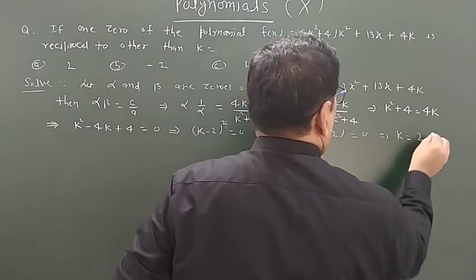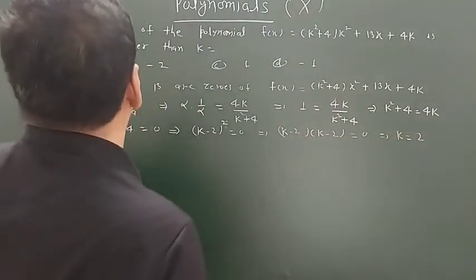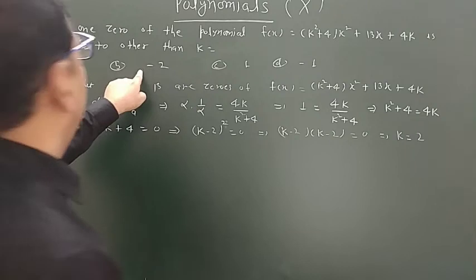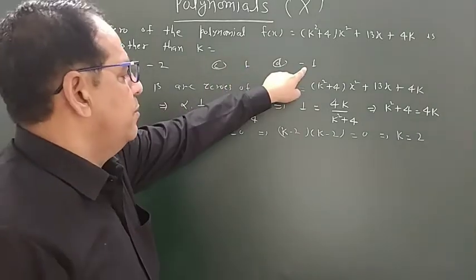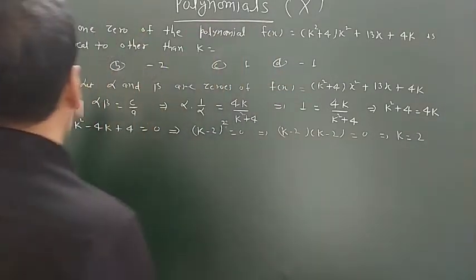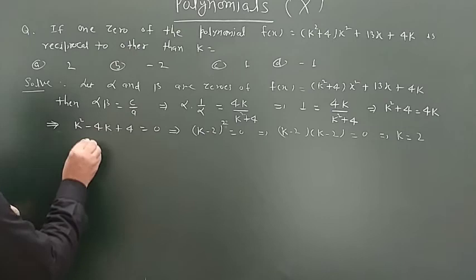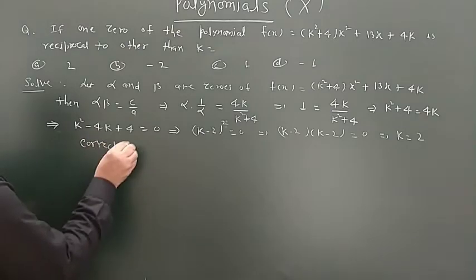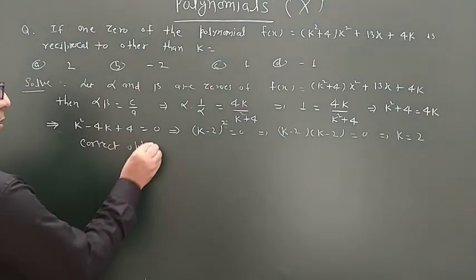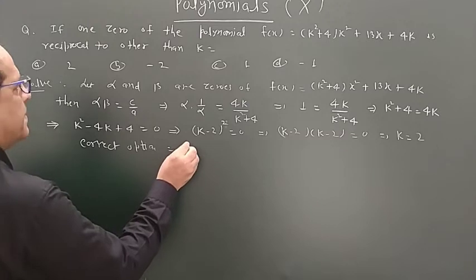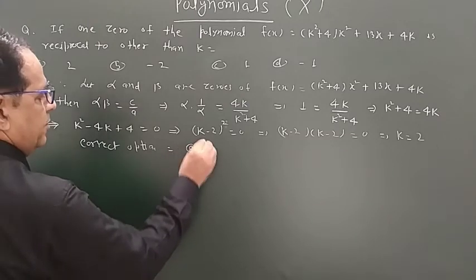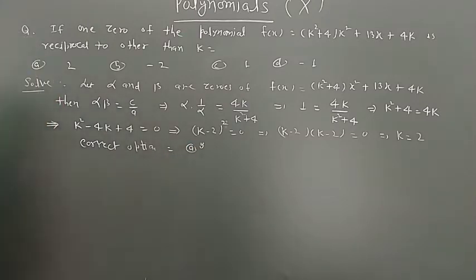So k equals 2. So here 2, minus 2, 1 and minus 1, four options are here, but the correct option is 2. So the correct option is A. This is the correct option of this question.